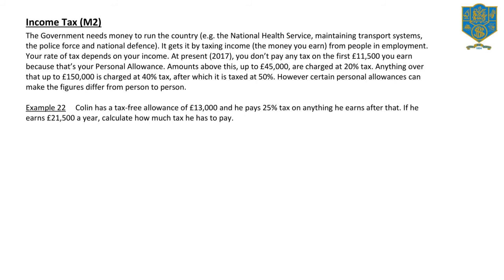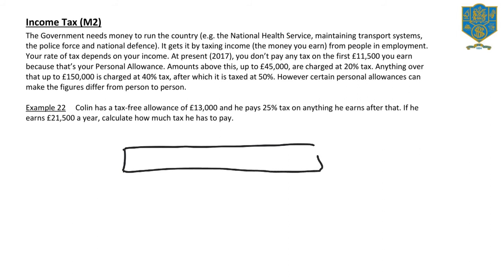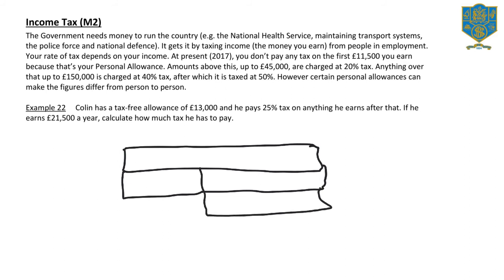And the way we can think about this is bar modelling, where your full pay can be represented as a rectangle. You then get a tax-free amount, and then the rest of which is taxable. And then the taxable amount can be divided into subgroups of tax depending on the levels of income.